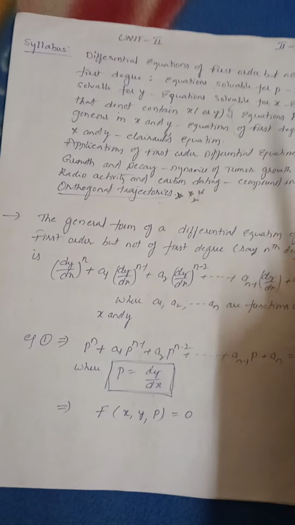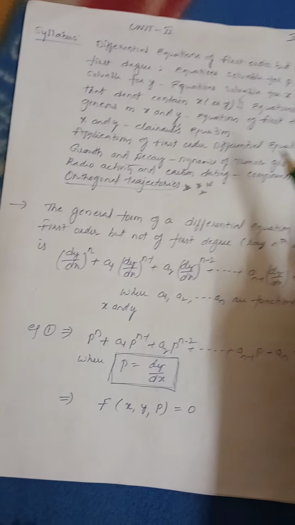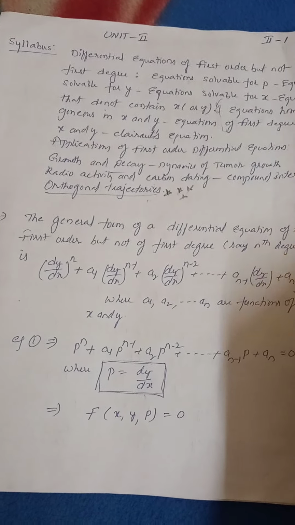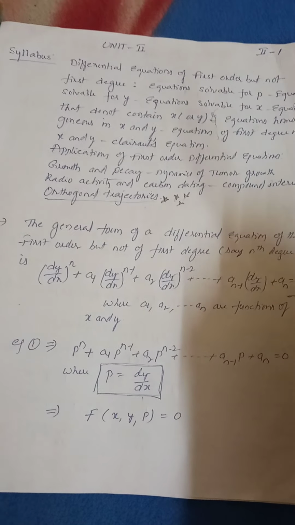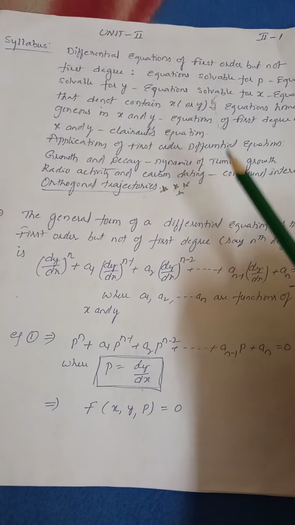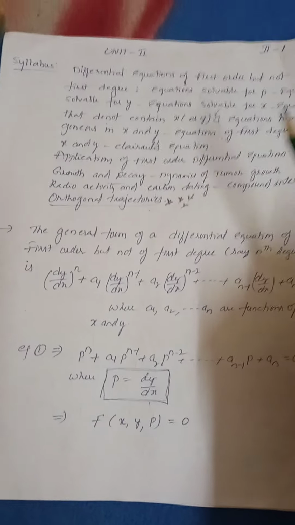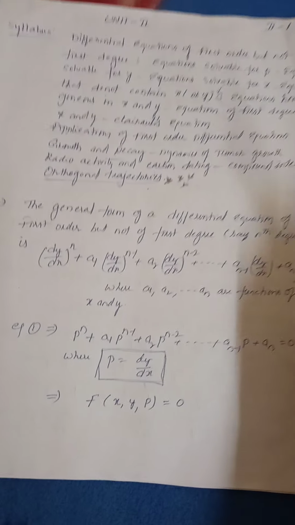First order means what? What is the order of a differential equation? The highest derivative involved in the given differential equation is called the order of the differential equation. What are the derivatives? dy by dx, d square y by dx square, d cube y by dx cube, d power 4 y by dx to the power of 4, and so on.